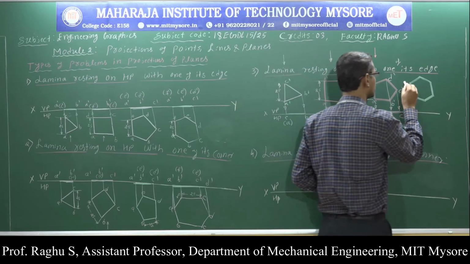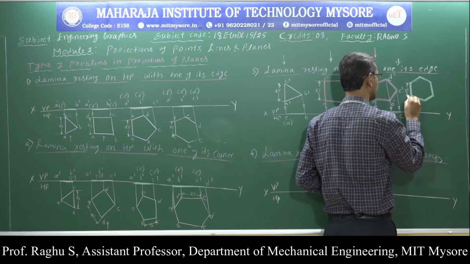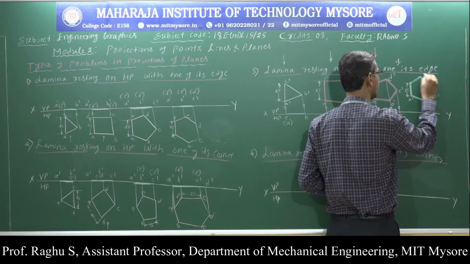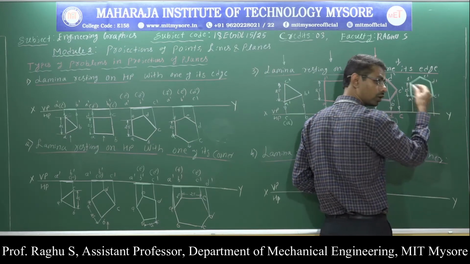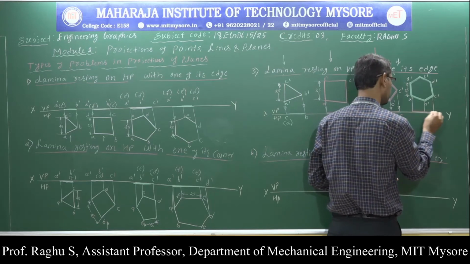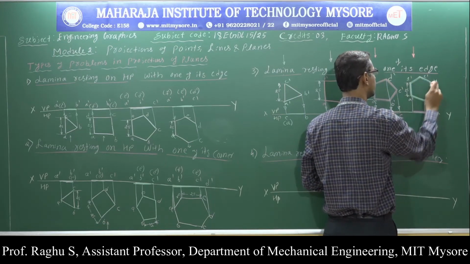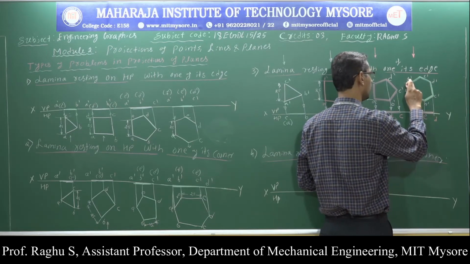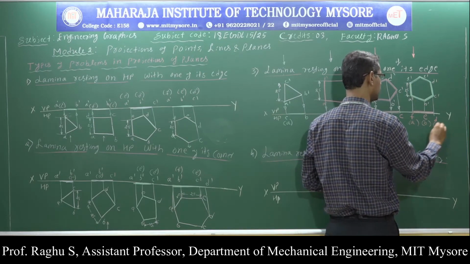Now indicate the dimension and do the naming: A dash, B dash, C dash, D dash, E dash and F dash, and draw projection lines to get the top view. In the top view, F visible, E visible, D visible. Next, A invisible, B invisible, C invisible.